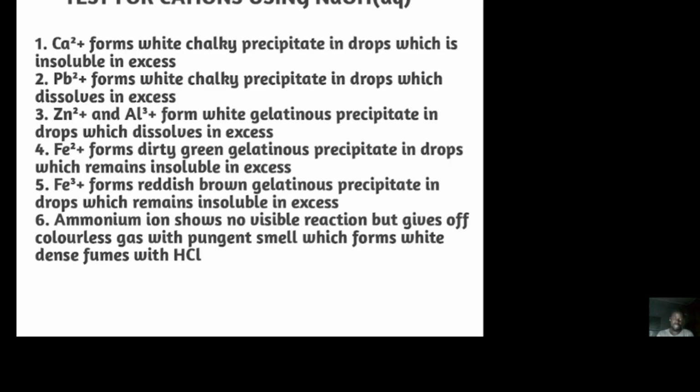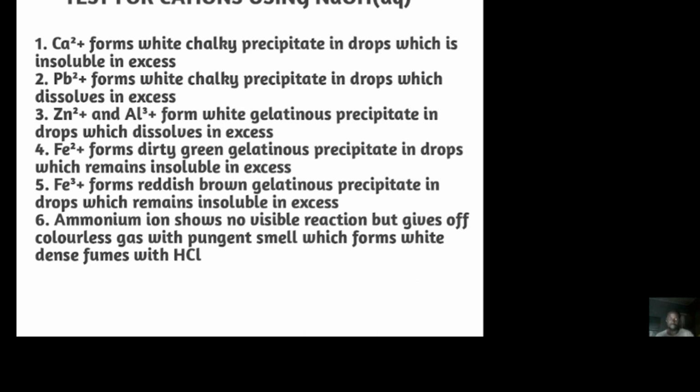So just have that in mind, that when you're considering the use of NaOH, when you put it in iron 2 salt, you have a dirty green gelatinous precipitate in drops, and that gelatinous precipitate will remain insoluble even in excess. In the case of iron 3, you have a reddish brown gelatinous precipitate in drops, which remains insoluble in excess.